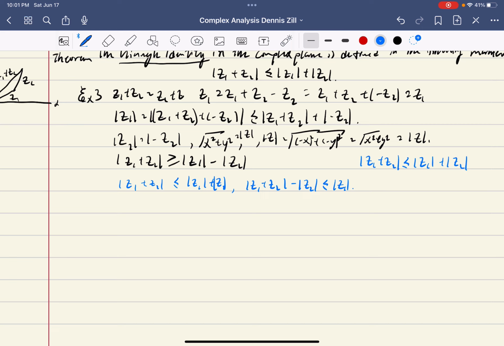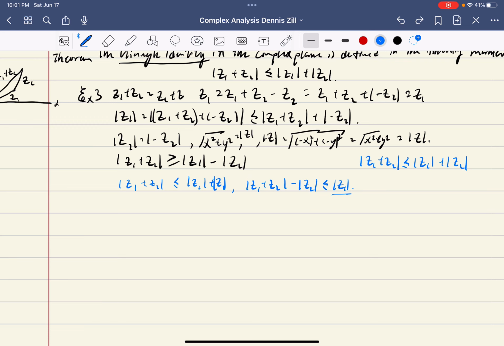Then with minus z2, minus z2, right? And then you can see, you can use this, right? And then what if you subtract z2 again, right? Because it's really just this.